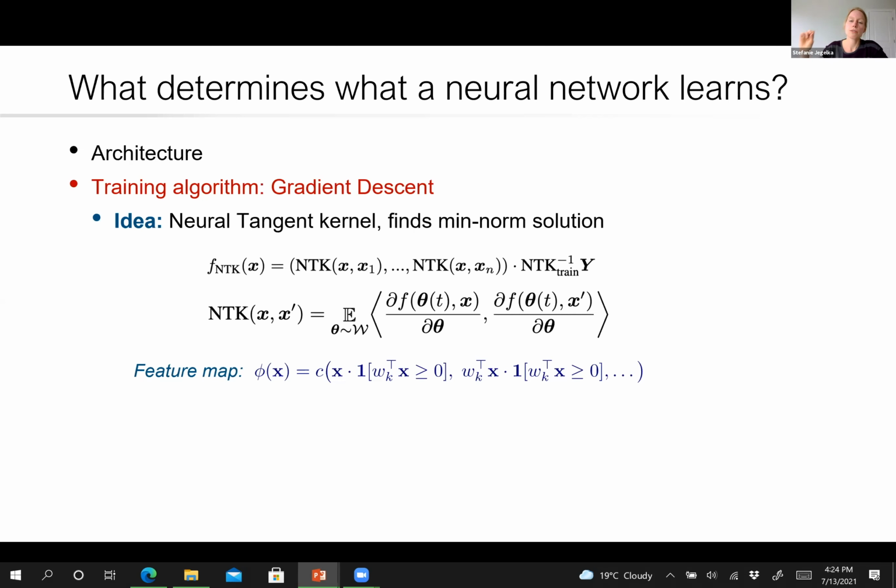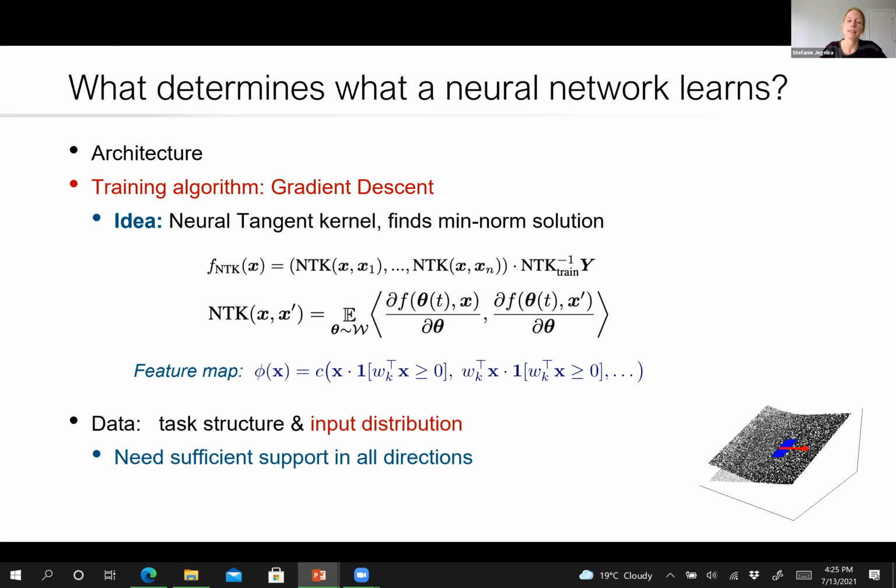If you look at what this feature map looks like, it has these W's, which are infinitely many repetitions of this thing with different W's. The W's are Gaussian random vectors. And you see this already has this piecewise linear structure in here, and it's centered around the training data, roughly. This is to give you an intuition where this comes from for the ReLU network.